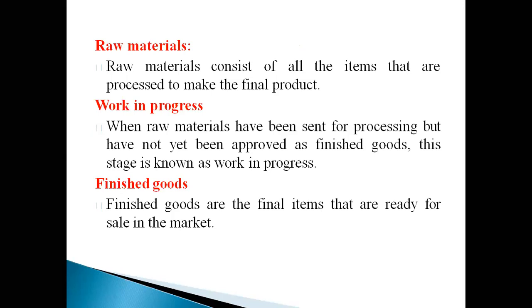In inventory, the raw material consists of all the items required for processing to make the final product. That is called raw material. Processing goods, that is work in progress, and finished goods are those entering the market for sales.